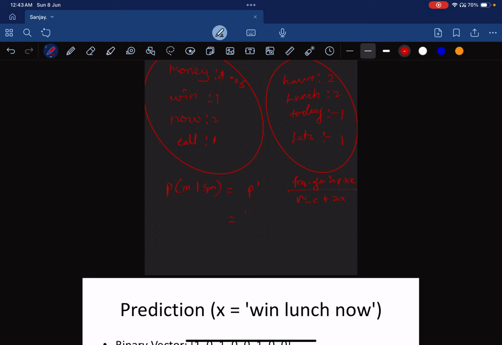Here the word frequency is 1 plus alpha is 1, divided by 2 plus 2, the same 2 by 4, which is also 0.5. The probability of win present in the spam class is 0.5. At the same time, the probability of win not present in the spam class, that is the failure rate, is also 0.5.